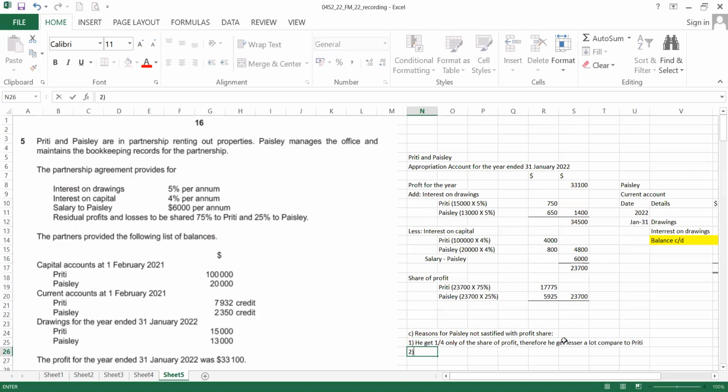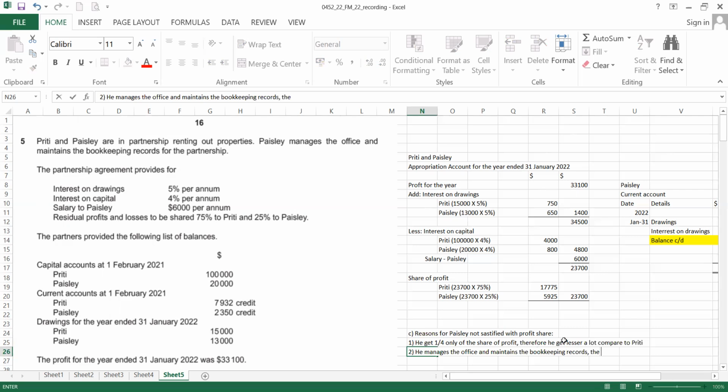Number 2 is that he manages the office and maintains the bookkeeping record.